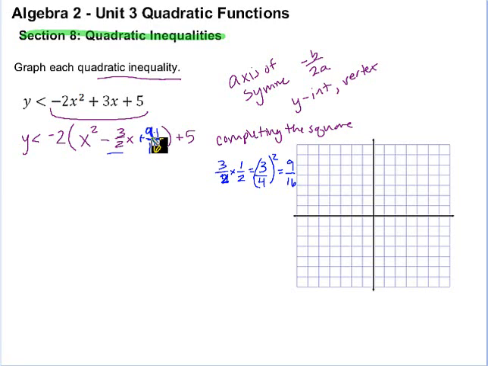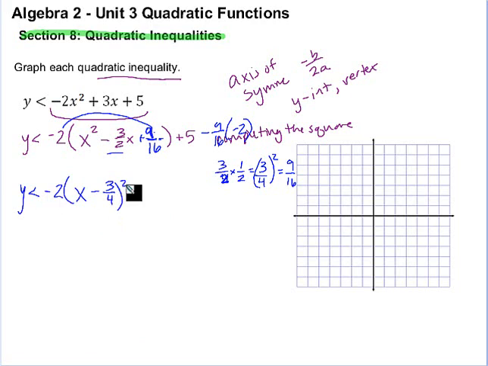And then since I'm adding 9/16 and I'm on the same exact side of the equation, I want to subtract 9/16. And this 9/16 is being multiplied by negative 2, so I'm going to multiply it by negative 2. So now we have y is less than negative 2, and then this factors down to x minus 3/4 squared.